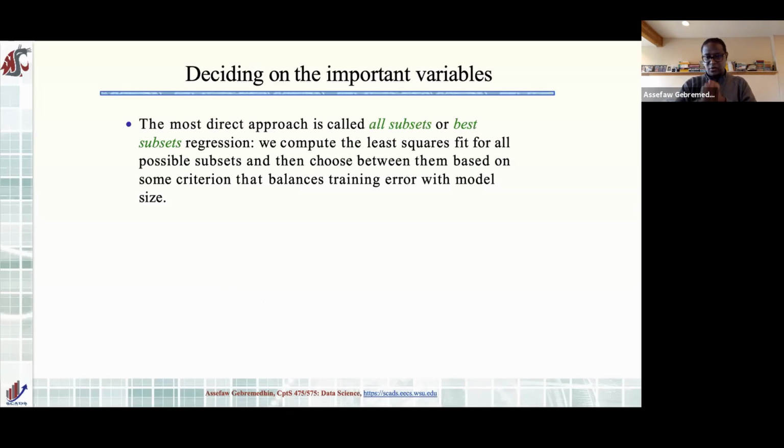We are looking for something that could say, I've got P predictors, and I would like to know which of these are the most helpful for me. You could imagine a situation where you would say, I'll try everything and find out what's the best. What is everything? Well, I've got P predictors. I'm going to have a model where I use just one of them, and I've got P choices.